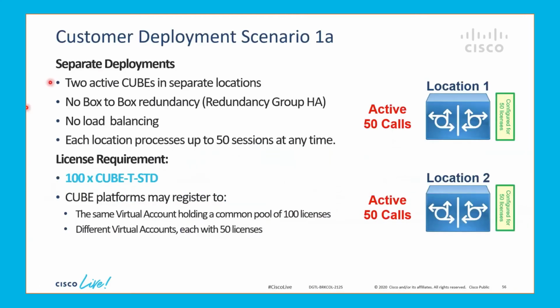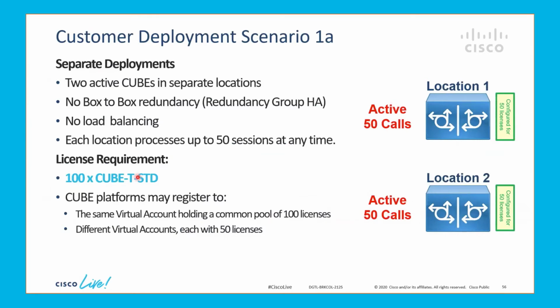So in the first one, you have two different locations with two different Cubes. Location one has a Cube, location two has a Cube. You're expecting 50 calls on each Cube, and we have configured 50. Again, there's no geographic redundancy, there's no load balancing. Each location processes up to 50 sessions at any given time.